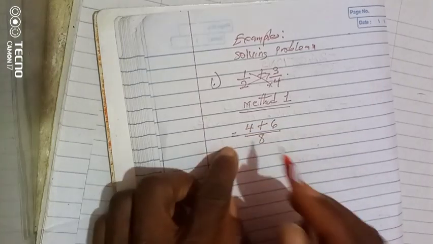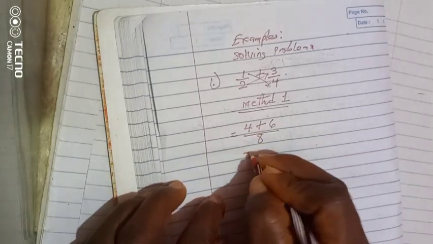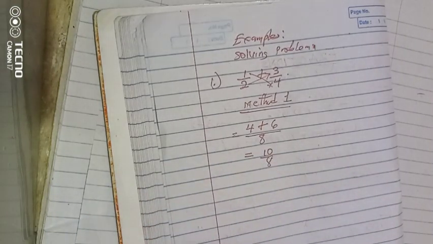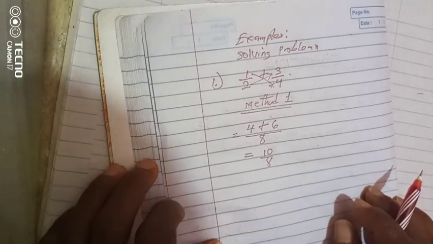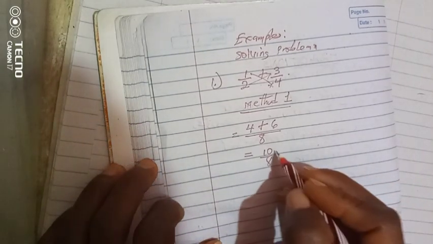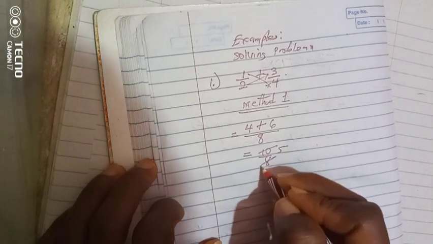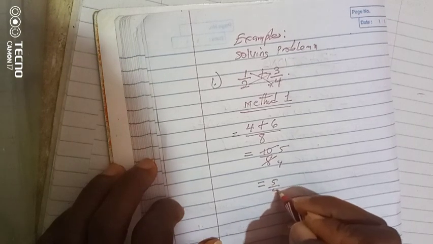Okay, so you add 4 plus 6, and this gives us 10 over 8. This fraction is improper, so you can reduce it. 2 goes into 10 5 times, 2 goes into 8 4 times. So this fraction becomes 5 over 4.